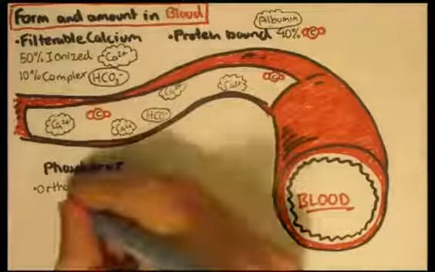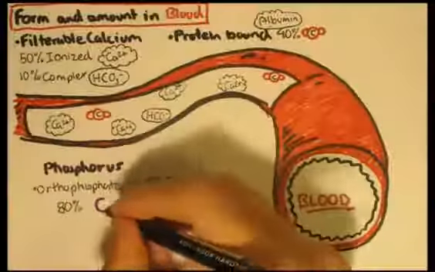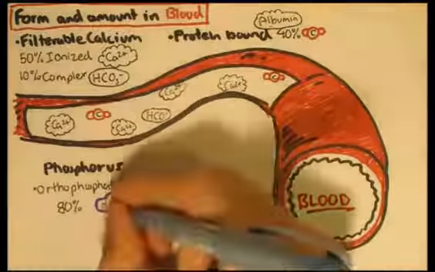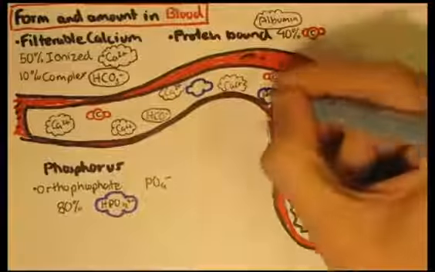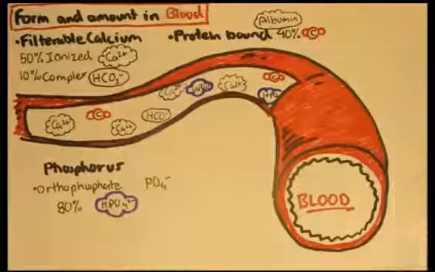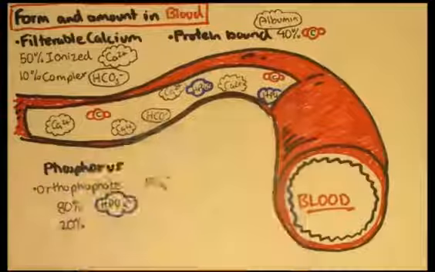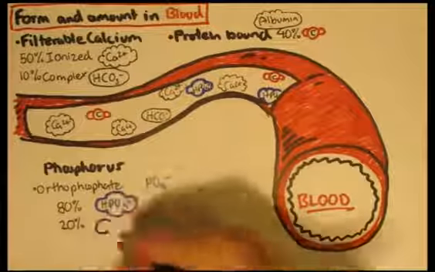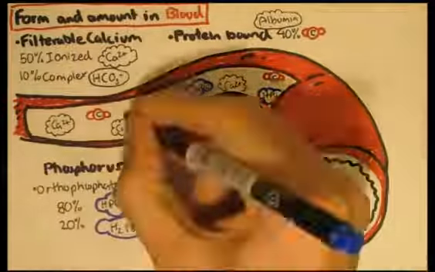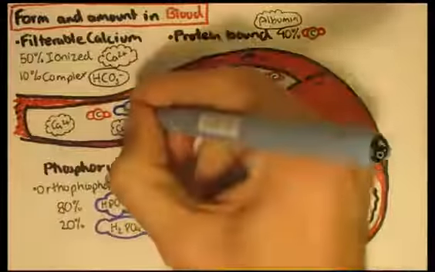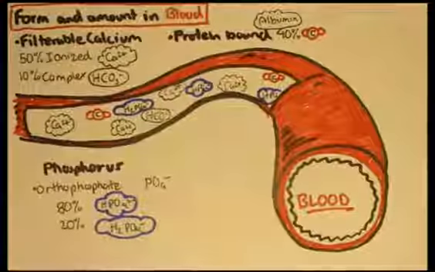Now, under normal blood conditions and normal pH, approximately 80% of the phosphate is represented as hydrogen phosphate ion, HPO4, as depicted, and 20% is dihydrogen phosphate ion, H2PO4. And I'll just draw it inside the blood vessels.